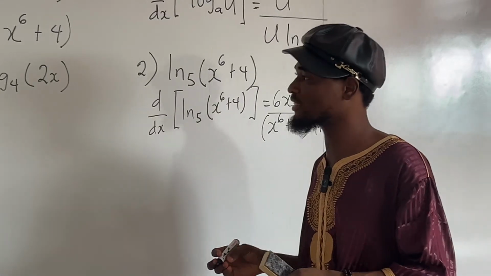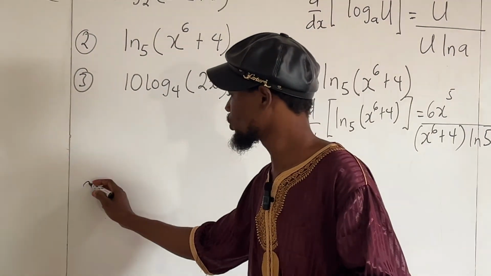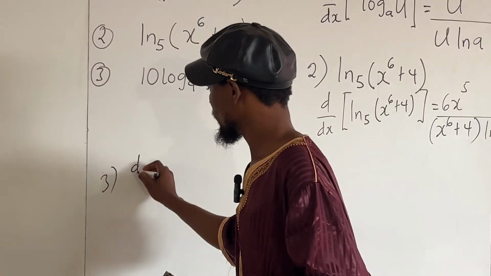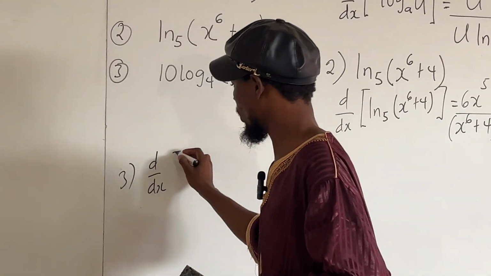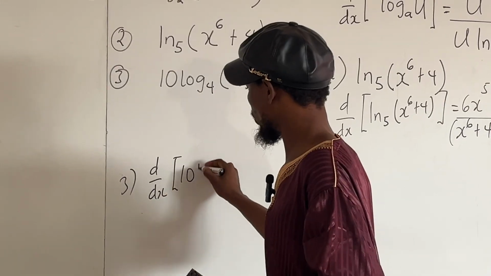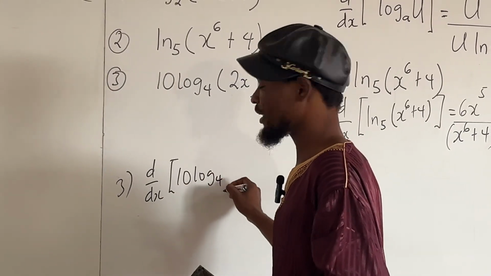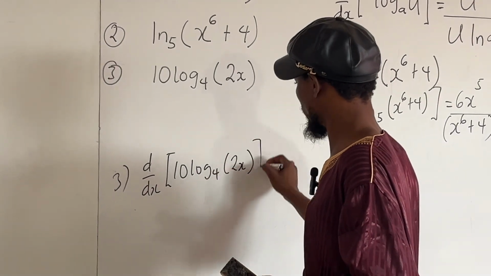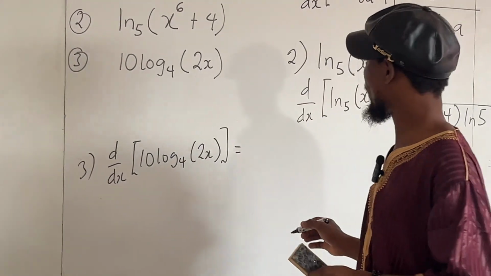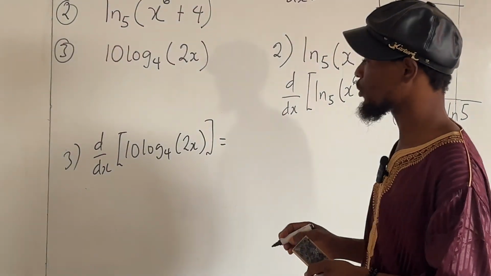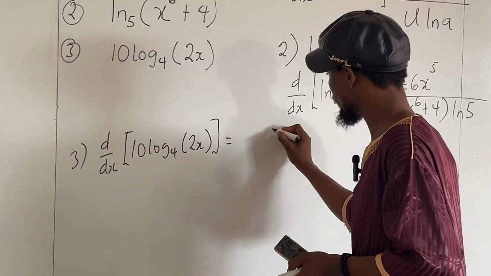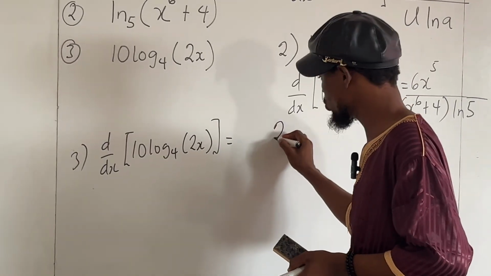And the last question reads: you should differentiate this. So I have d dx of 10 log to the base 4 of 2x, which is the same as u differential. If you differentiate 2x, we have 2.